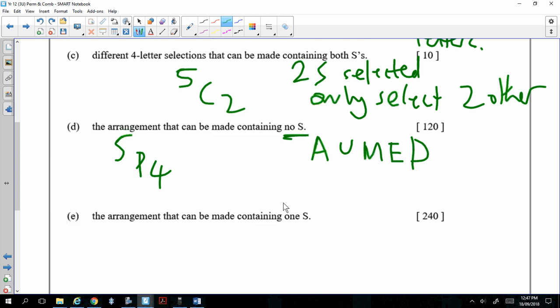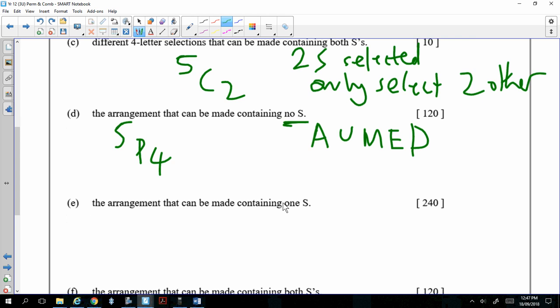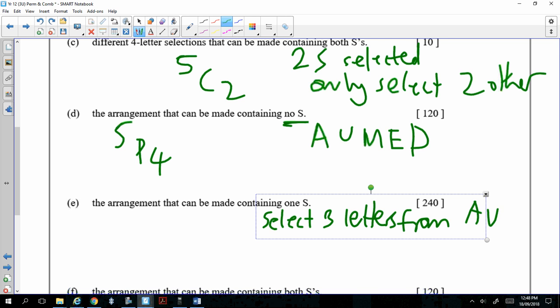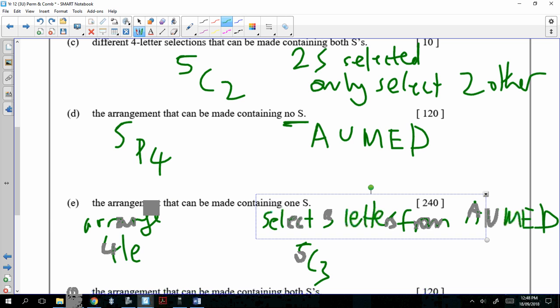Which is 5C3. After you select the 3, including the 1 S, there are 4 letters to arrange. So you multiply the selection by the arrangement. Does that make sense? You select the 3, and after you select that, they can be in any order. So let's order them in 4 factorial ways. Let's see if it works. So that's 10 times 24, it should be 240.